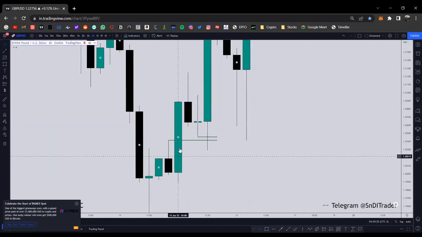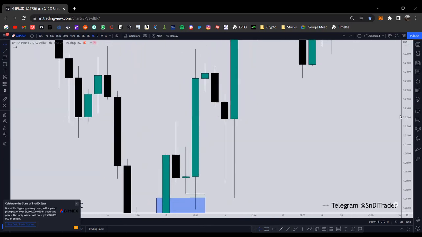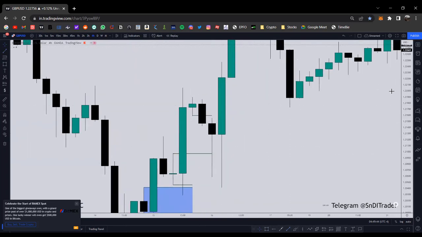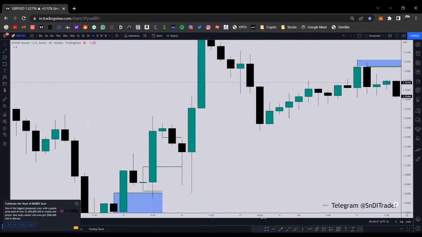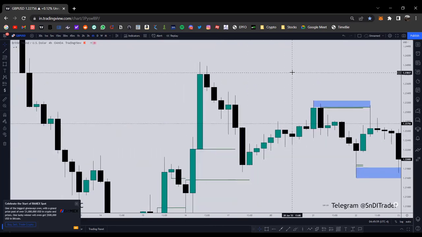So it just filled, mitigated this bullish order block and gone upside. Okay, and made another fair value gap from here to here, and again filled the fair value gap and gone upside. All right, so see, we have another fair value gap here from this low to this high. So that is how we consider the fair value gaps.